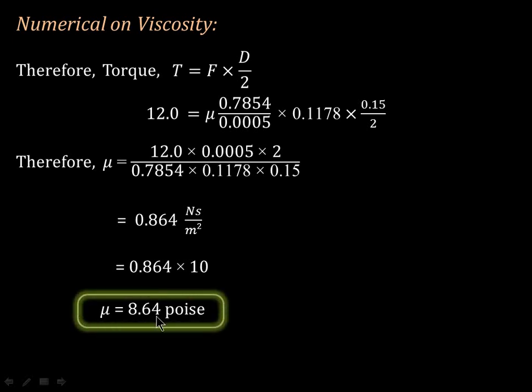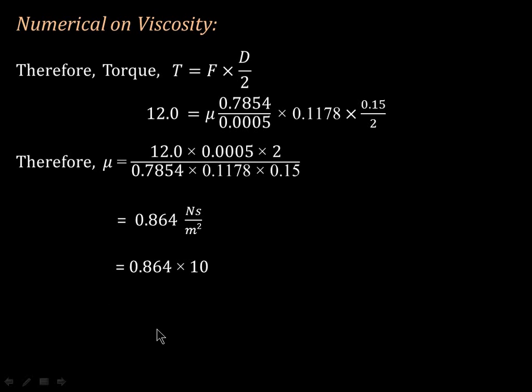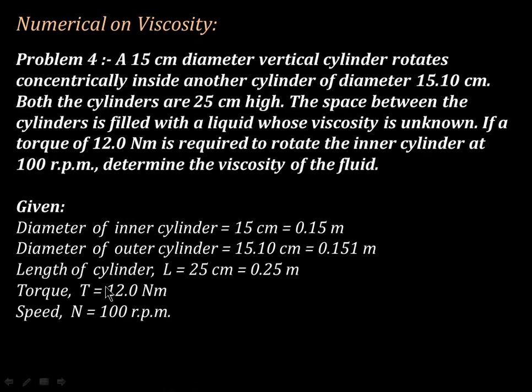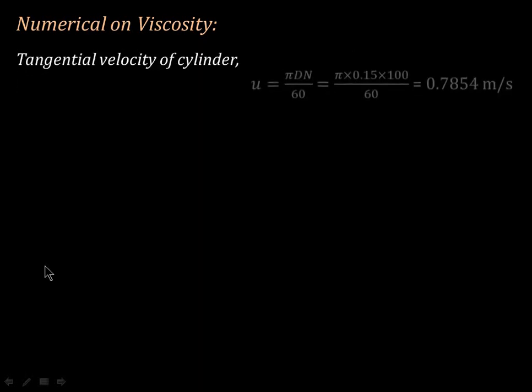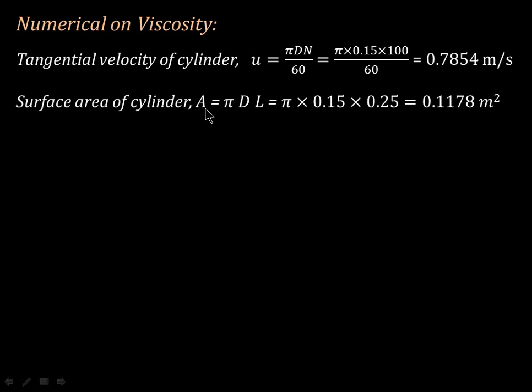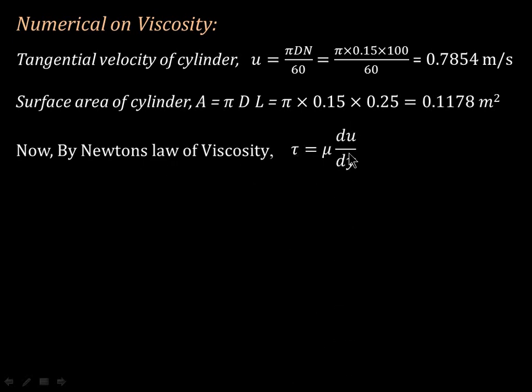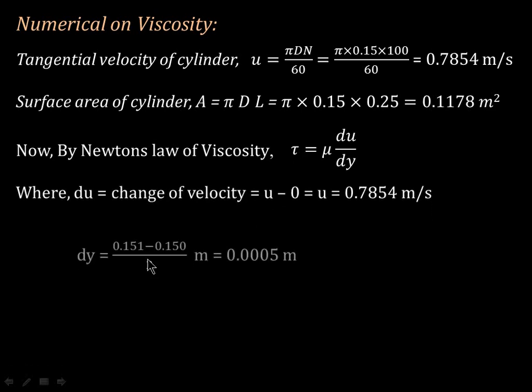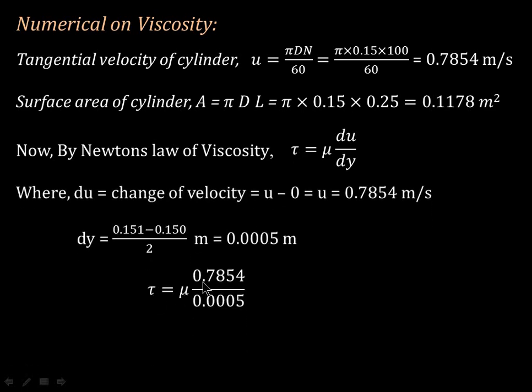Now let's see quickly once again how we got the final answer. These were the things given to us in the question. We assumed viscosity as mu. First we calculated tangential velocity by u equals pi D N by 60. Then the surface area of the cylinder, A equals pi D L. By Newton's law of viscosity we have tau equals mu du by dy, and tau is equal to mu into 0.7854 divided by 0.0005.